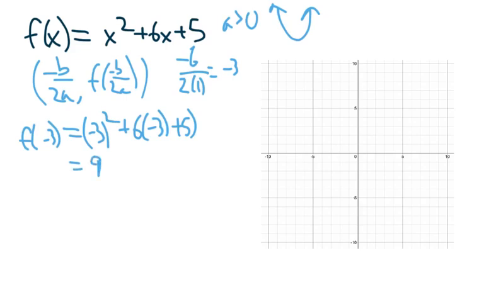That's 9 minus 18 plus 5. 9 minus 18 is negative 9, plus 5 is negative 4. So my vertex is at the point negative 3, negative 4.